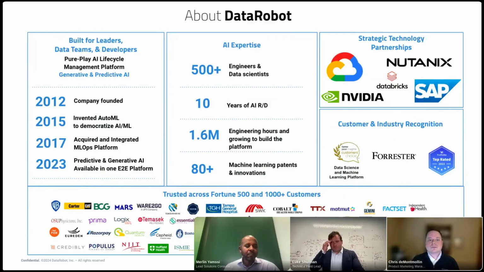We have a large team of engineers and data scientists with real industry-specific data science knowledge, and strategic partnerships across the industry: Google Cloud, obviously, NVIDIA, Databricks, Nutanix, and SAP, as well as others. And we have a long list of customers, Fortune 500 and others, that trust us to be their solution for building AI and for governing and monitoring their entire AI stack.